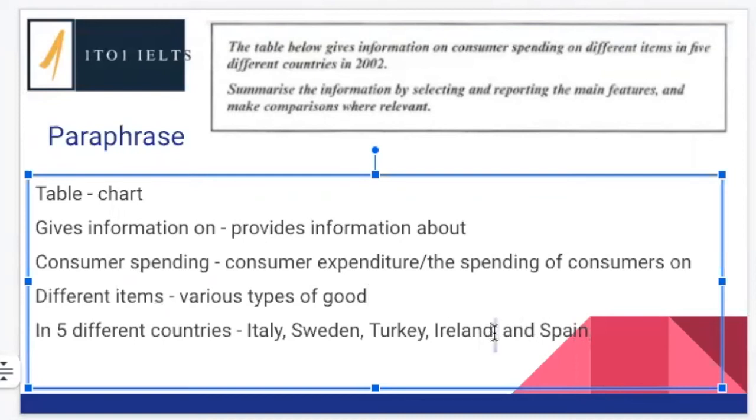Is this comma important when listing the different countries? Mary says yes. Why? Does anyone know the name of this comma? Tamara says the Oxford comma. Excellent. What happens if I get rid of this comma? Tamara says nothing.